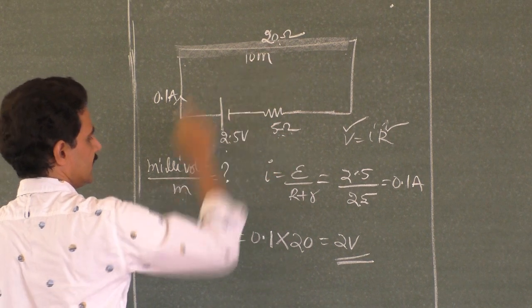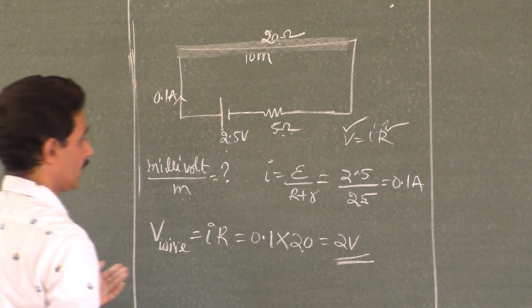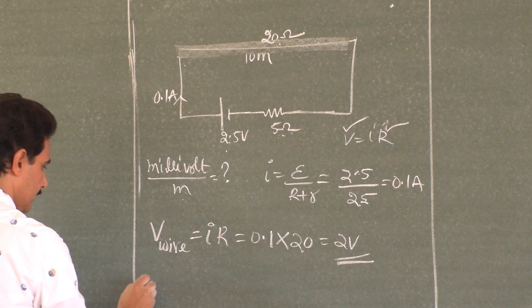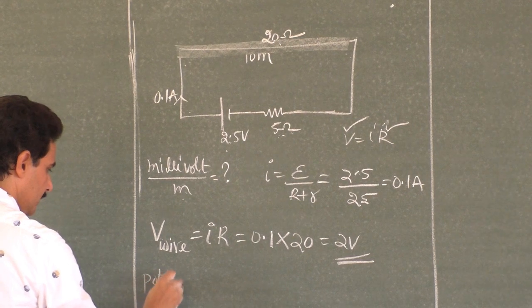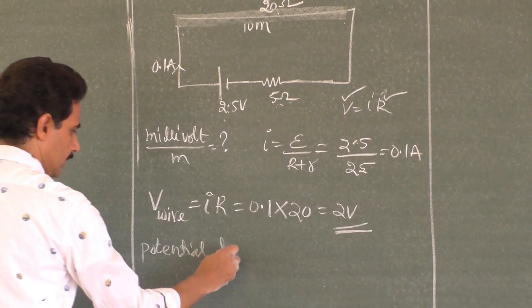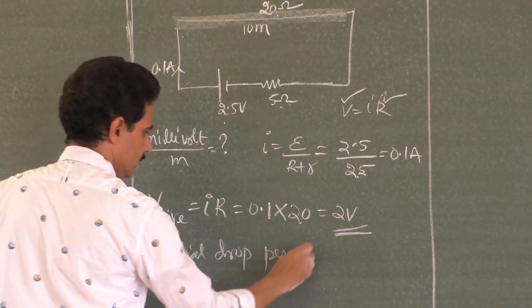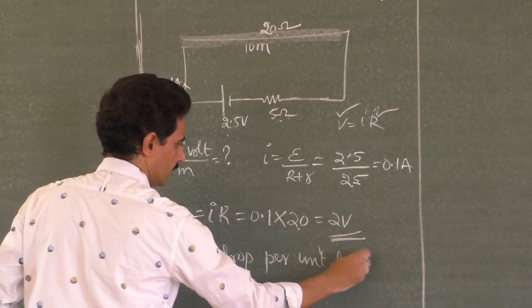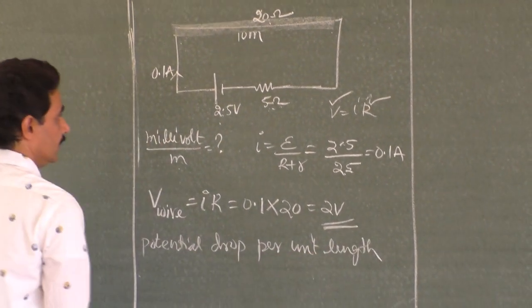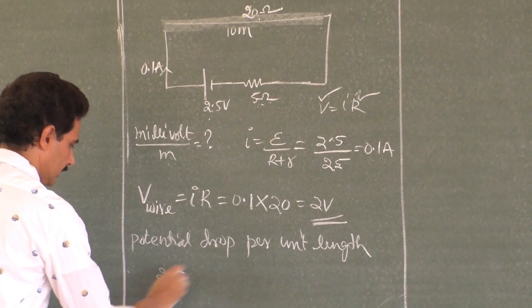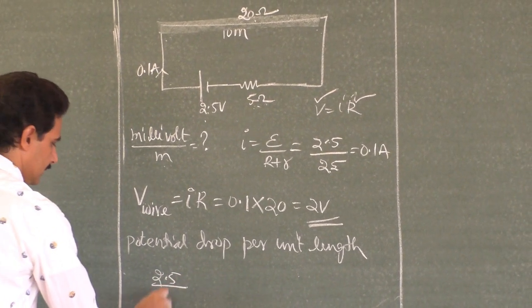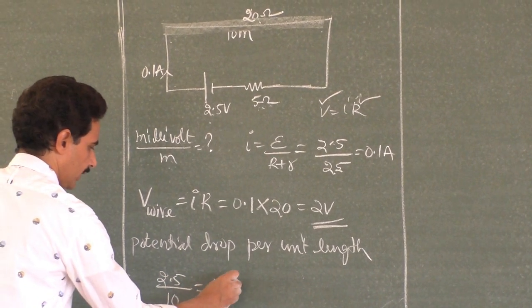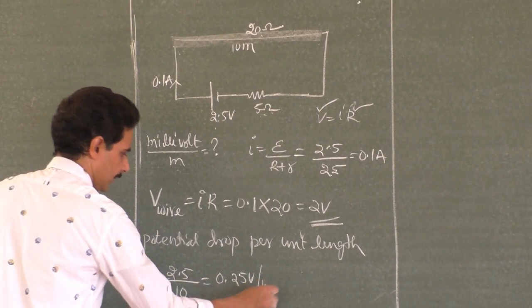So 2 volt is here, and what is the potential drop per meter? This one is potential per unit length. Potential drop per unit length. If you want to calculate it, then it is 2.5 volt by 10 meter, 0.25 volt per meter.